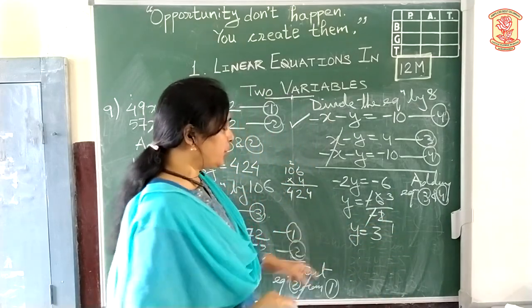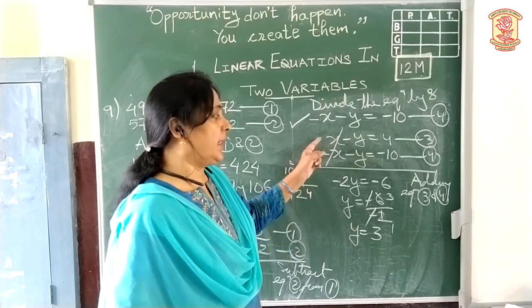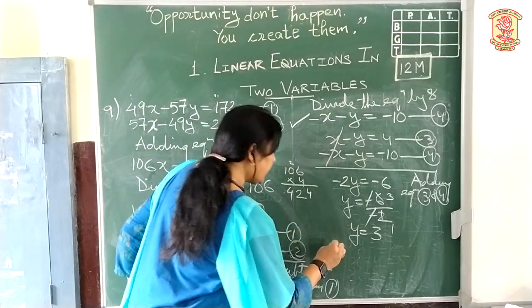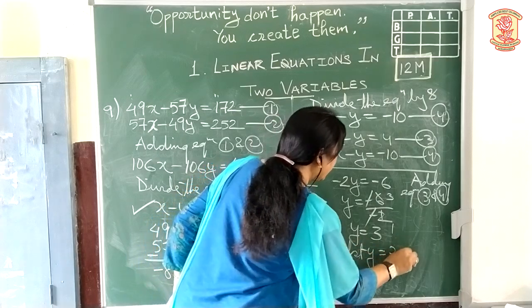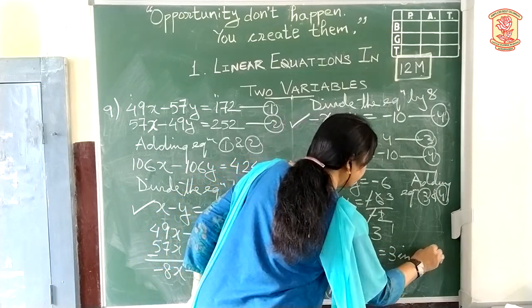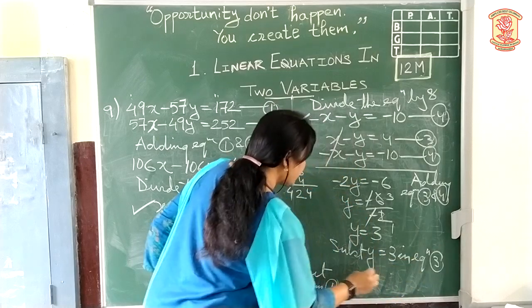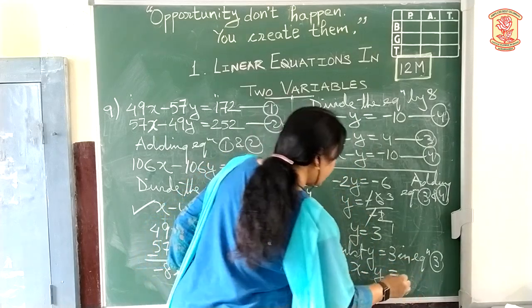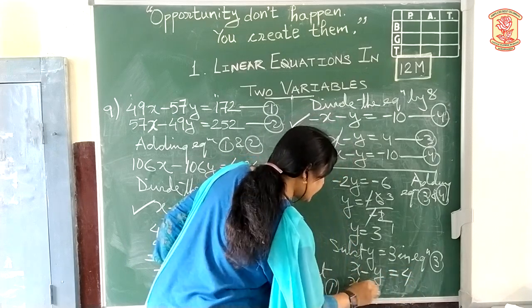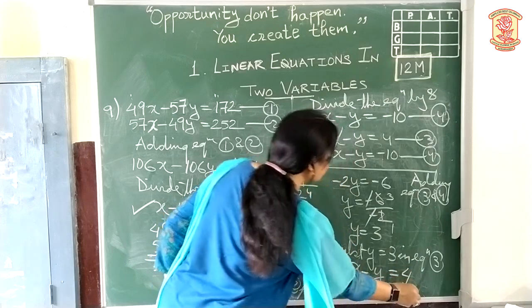Again, we are going to substitute the value of y equals 3 in one of these equations. So substitute y equals 3 in the third equation. So this is x minus y equals 4. So x minus 3 equals 4.